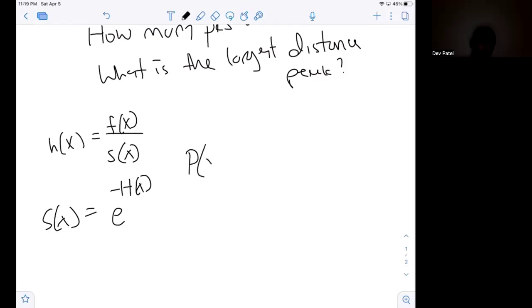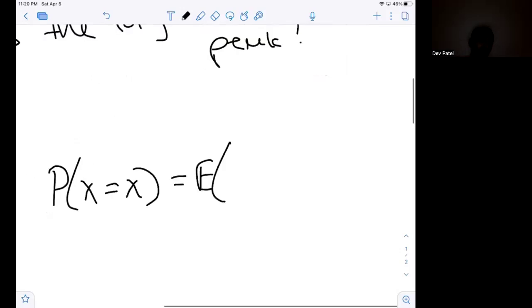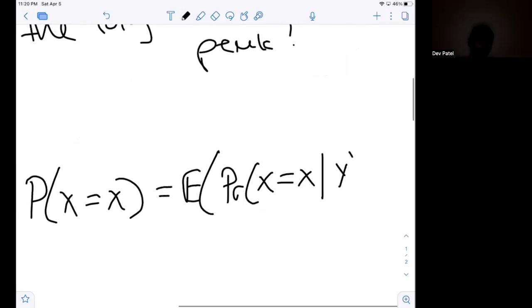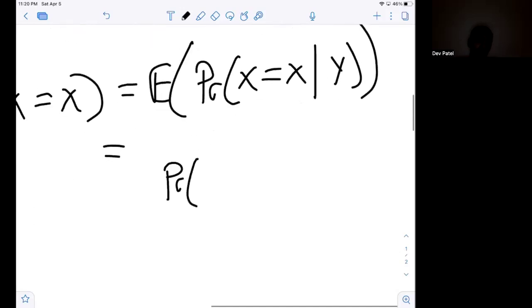Another essential concept here, not the law of total probability exactly, is the idea that the probability of x is equal to the expected value of the conditional probability of x conditioned on y. When we refer to this expected value, you can think of the probability itself as the value.